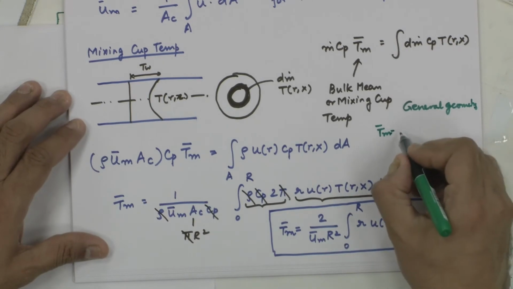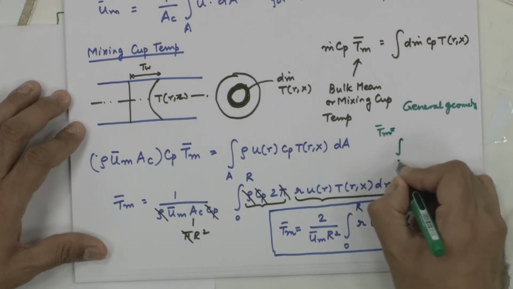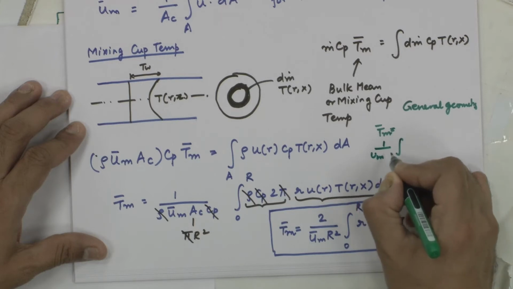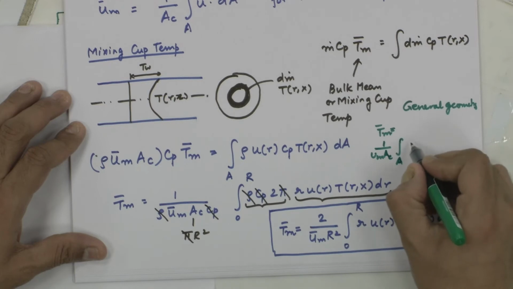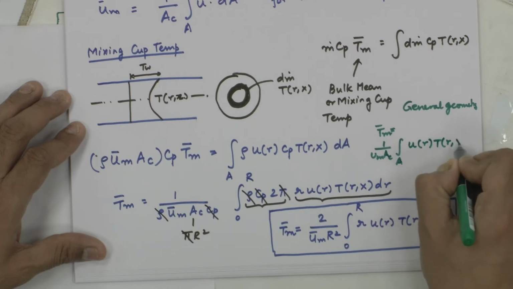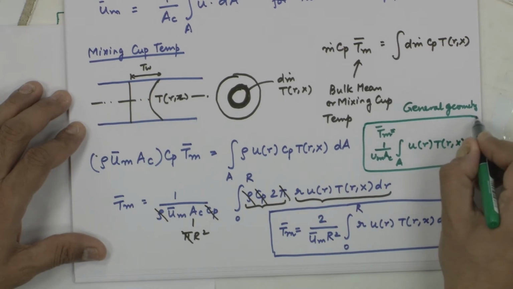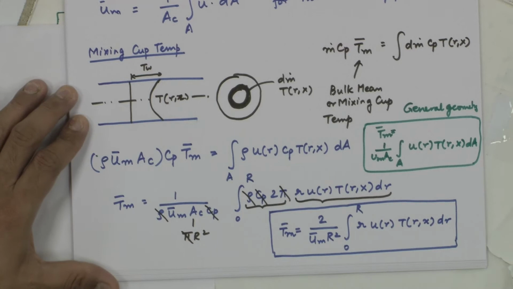You can cancel rho and Cp, and you would write it as the integral of 1 over u bulk mean AC integrated over the area of u local T of r comma x dA. This is what your expression will be. For a circular pipe, the substitution of dA as 2 pi r dr will work, and you are going to have this particular expression for a circular pipe.